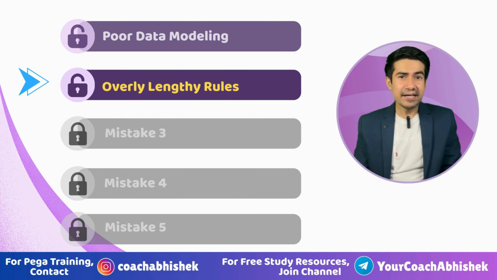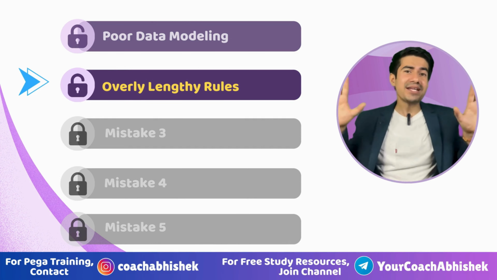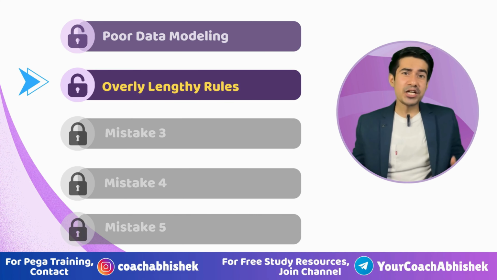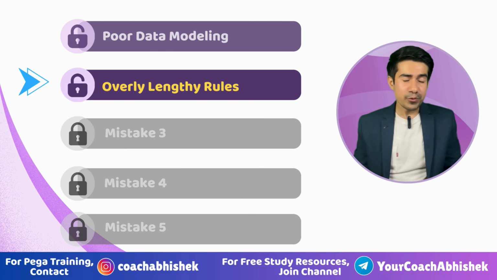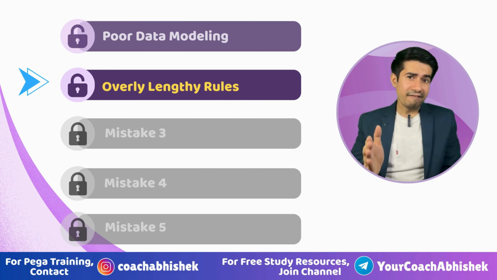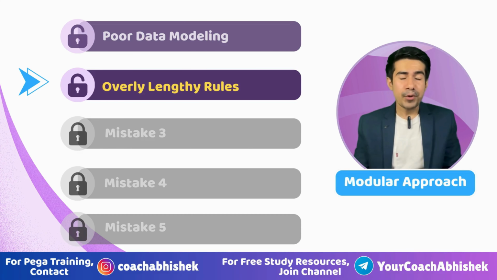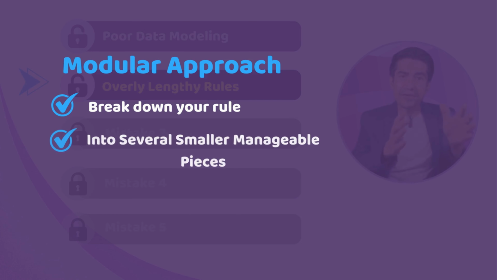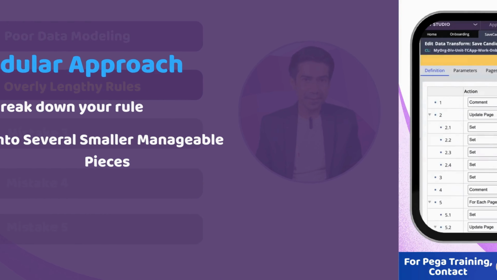You might end up spending countless hours understanding the logic, assessing the impact of the change, and running endless regression tests. For easier maintenance, always follow a modular approach. Break down your data transform or activity rule into several smaller, manageable pieces.